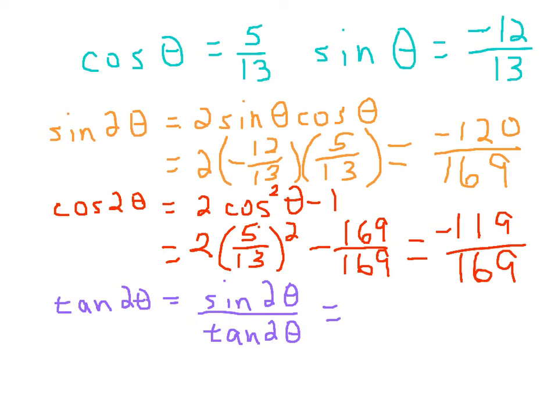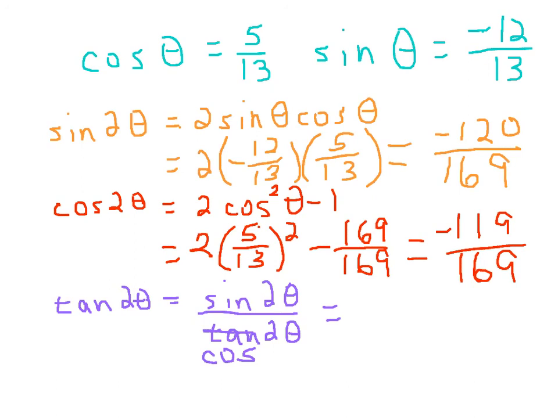Then for tangent of 2 times theta, I'm going to use the information we already have with the sine of 2 theta and the cosine of 2 theta to simplify this. If the sine is negative 120 over 169 and the cosine is negative 119 over 169, I divide those two fractions. I had written tangent down, but that should be cosine of 2 theta.